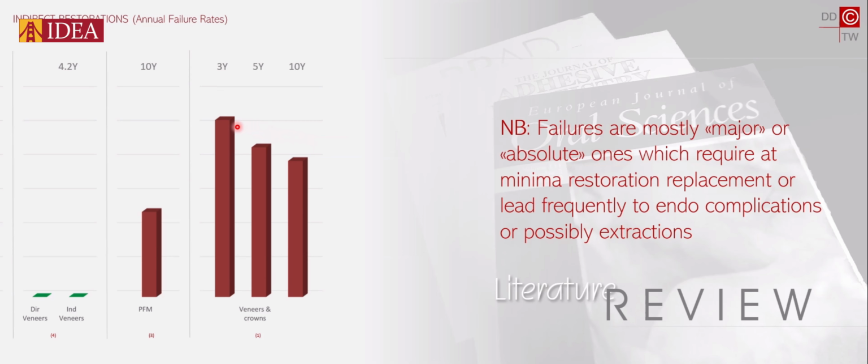But you see that we are exactly in the same range of failure rates from 3 to basically 5%. But here the main difference is that we deal with major or absolute failures, which requires at minima that we replace the restorations: cracks, fractures, quite often bulk fractures, possibly endo complications, and sometimes even extractions.